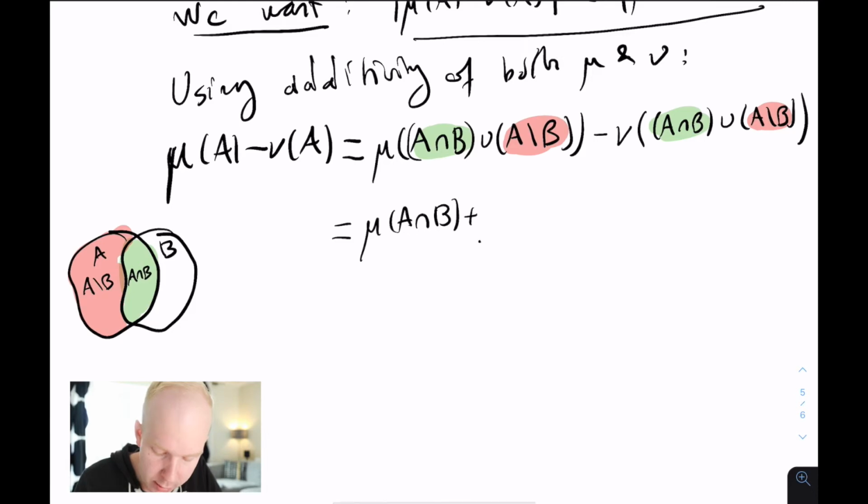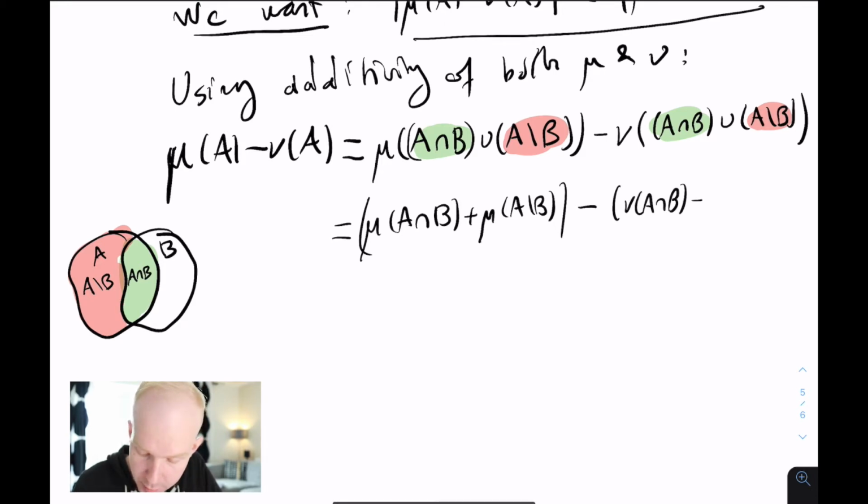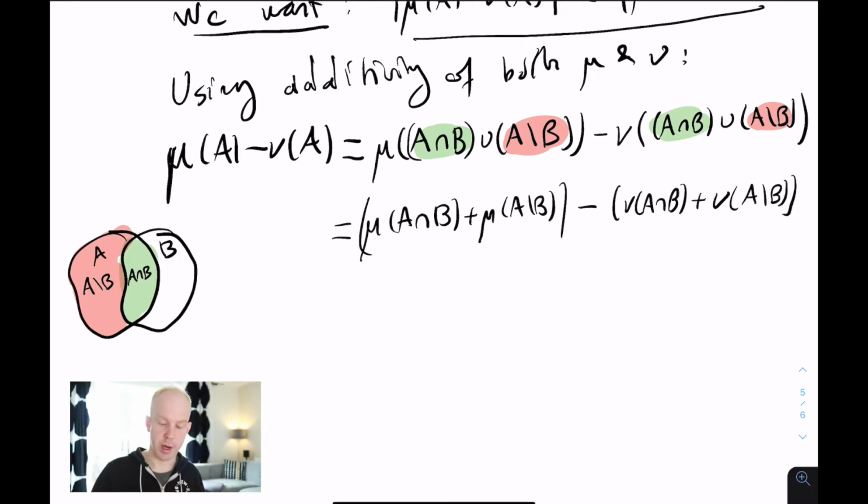You get mu(A intersection B) plus mu(A minus B), and the same for nu: nu(A intersection B) plus nu(A minus B), by using the additivity structure of the measure.